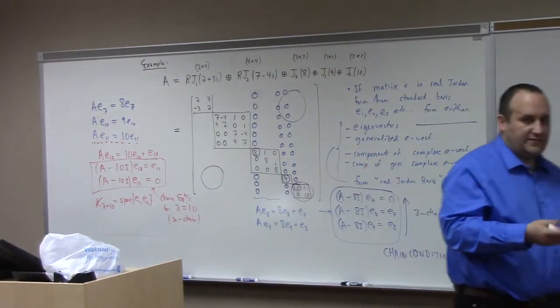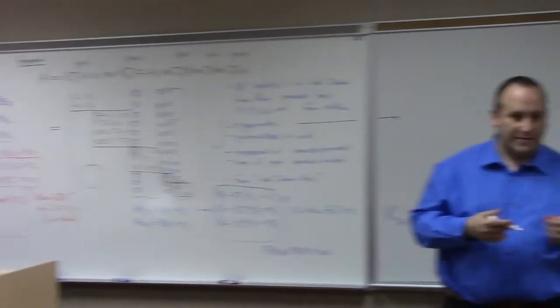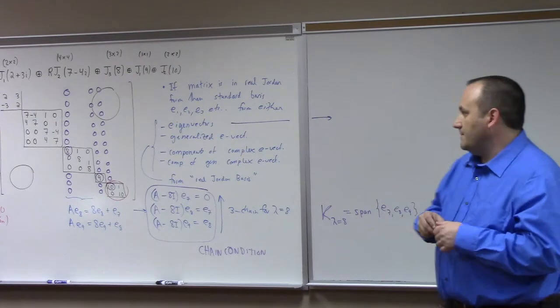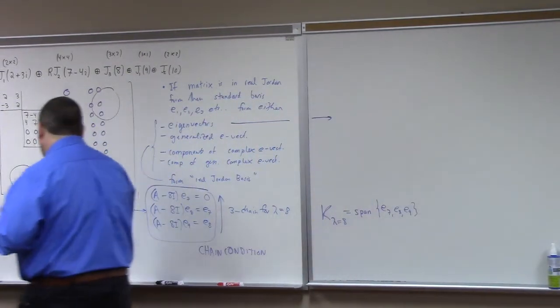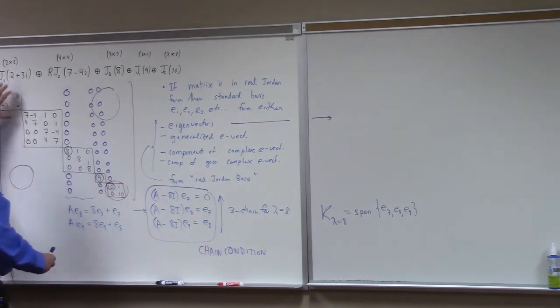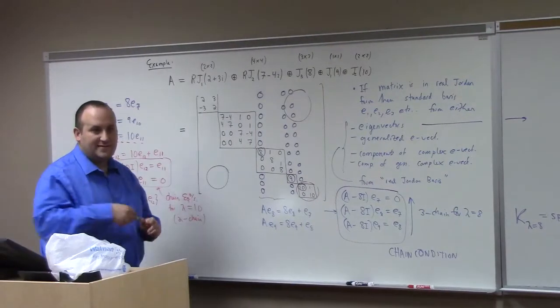All right, so far I've just focused on the actual real eigenvalues and the corresponding generalized real eigenvectors. Now let's go on to the complex stuff in here. So the 2 by 2 block here, right? I guess I need yet another color. It's going to get really busy.